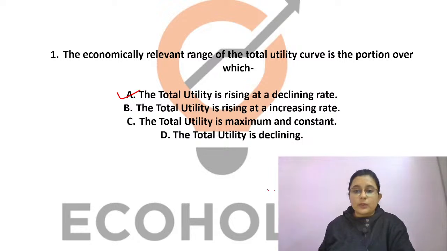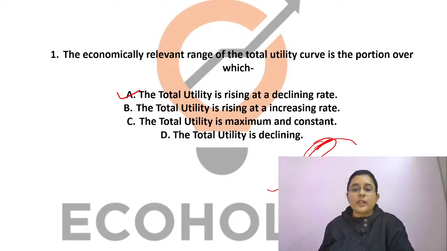So here we are talking about the total utility curve. We are talking about this stage 2 where the total utility is definitely increasing, but it is increasing at a declining rate. This portion comes just after the inflection point where the total utility curve changes its slope.